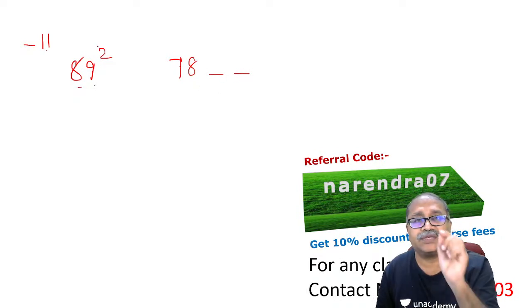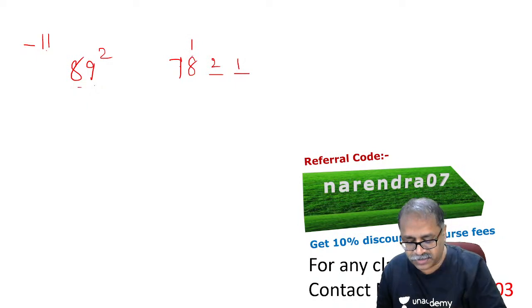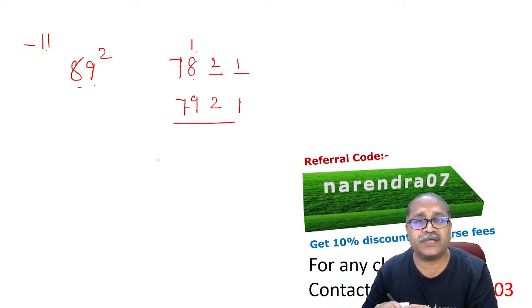So 11 square is 121. Then I will take 21, and the 1 will be carried over to the hundreds digit. So that's 1, and this is 2, and 8 plus 1 is 9, and then it's 7. That's how we find 89 square.